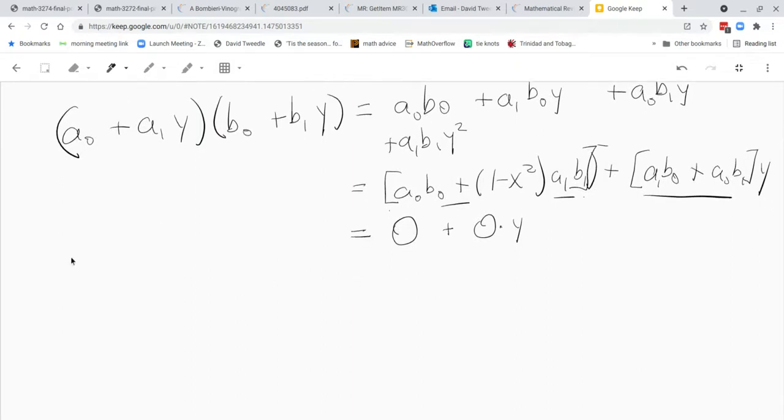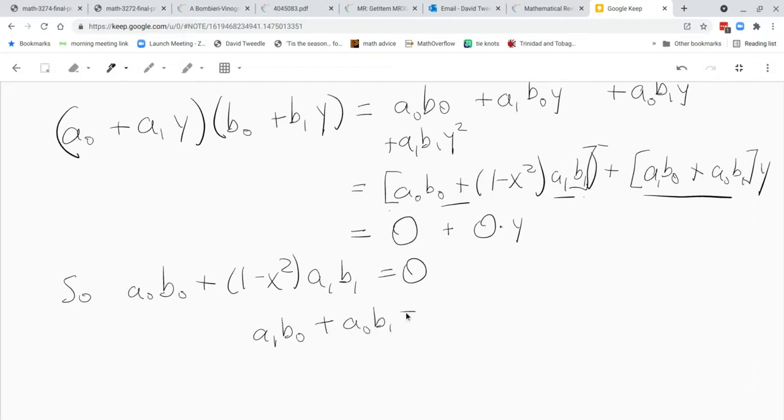So we have A0 B0 plus (1 minus X squared) A1 B1 equals 0, and we also have A1 B0 plus A0 B1 equals 0. So far so good.